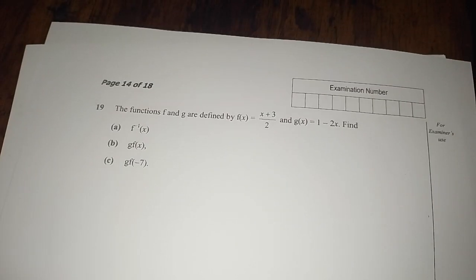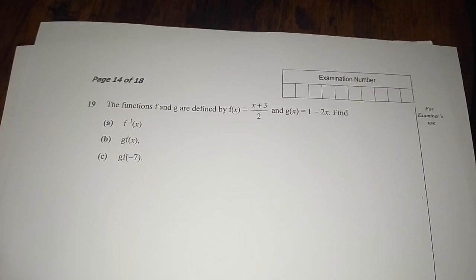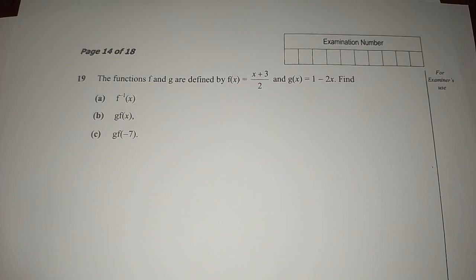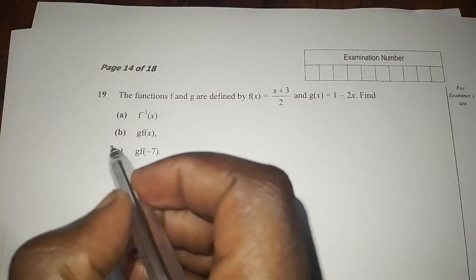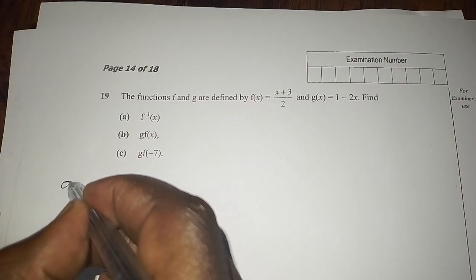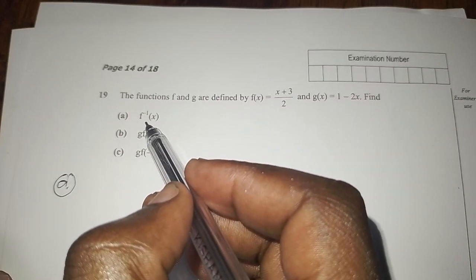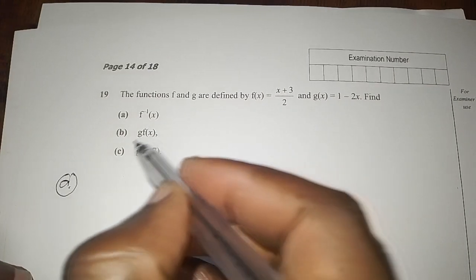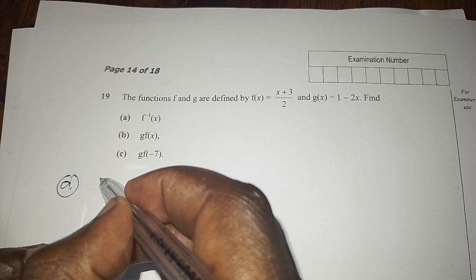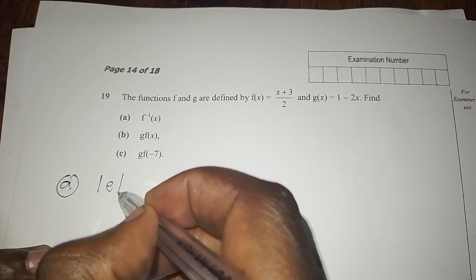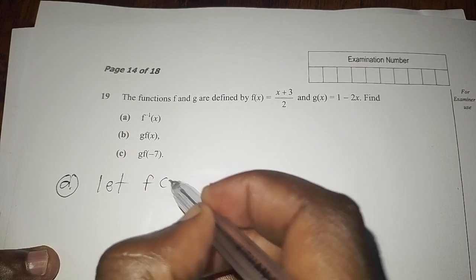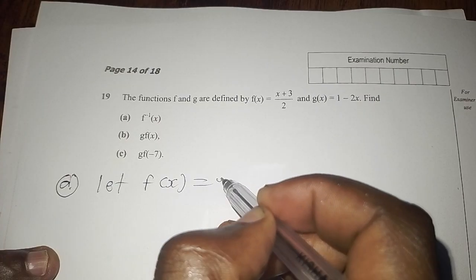So let's look at the solution for 19a. To find the inverse of f of x, first of all you let f of x be equal to y.